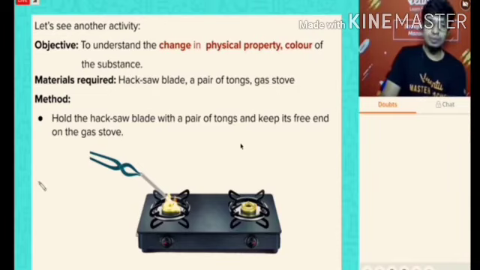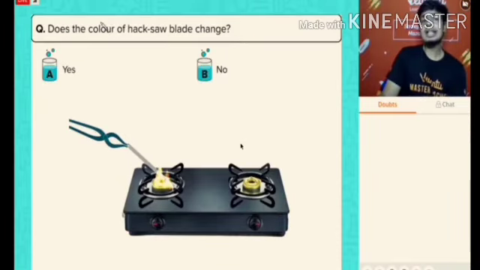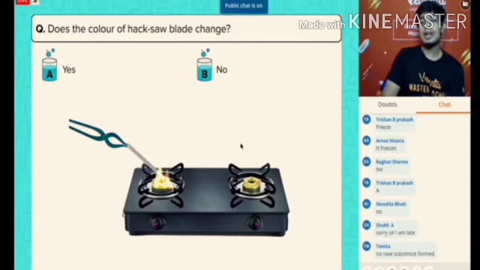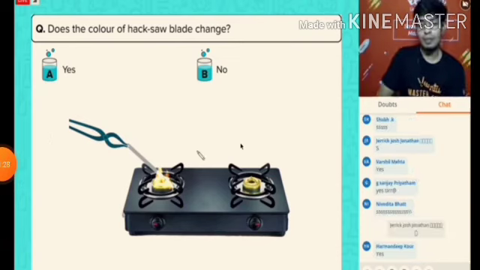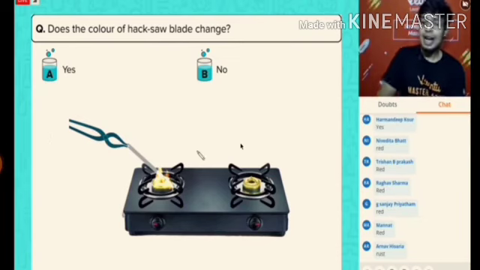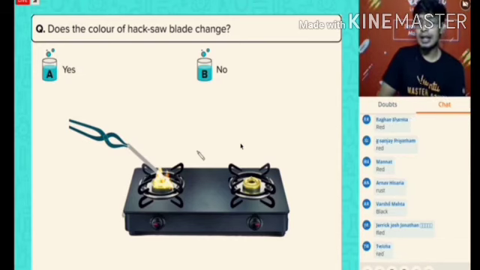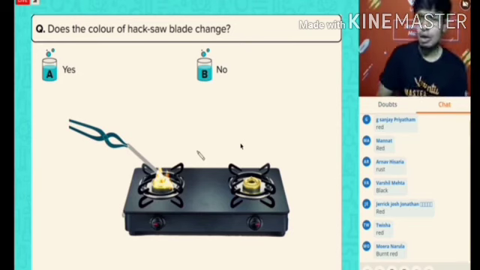Now, does the color of the hacksaw blade change? Yes or no, guys? Red, it changes to red, right? Not black, it changes into red because it's getting heated up.